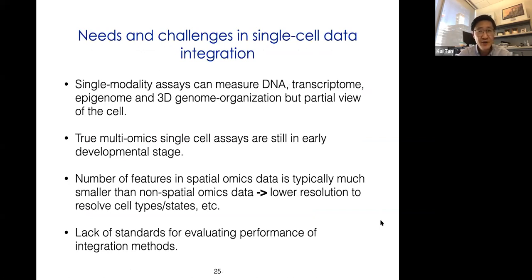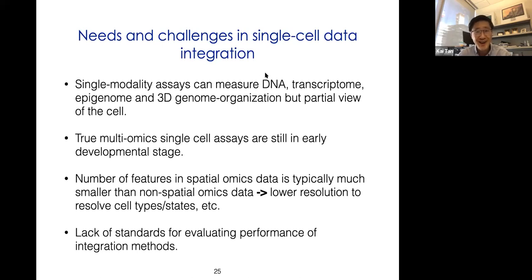There are a lot of challenges in integrating single cell data, some of which I show here. First of all, as we all know, single cell assays for a single modality have been developed nowadays. They are getting more and more robust.